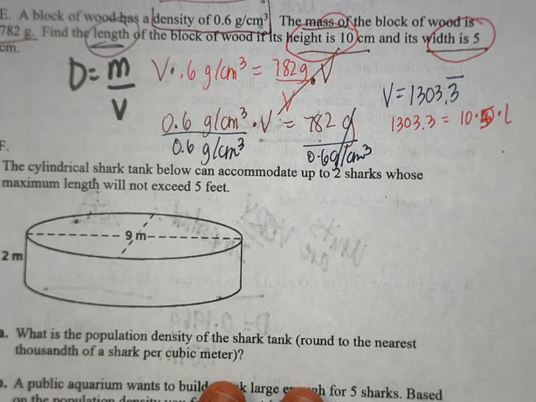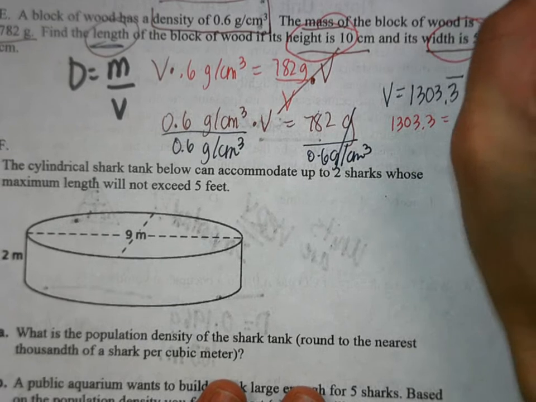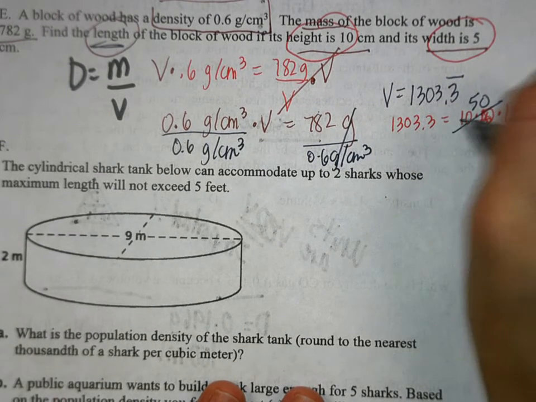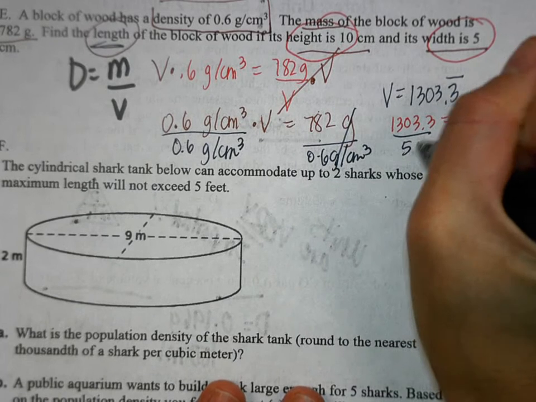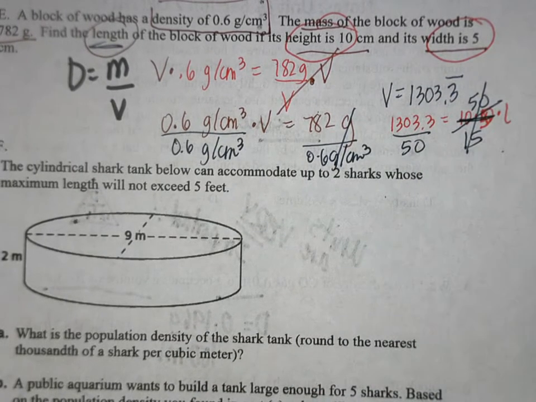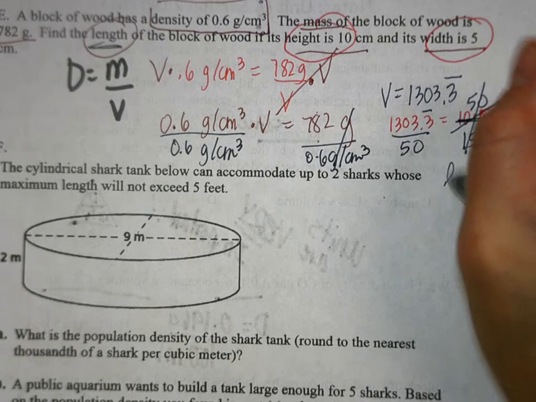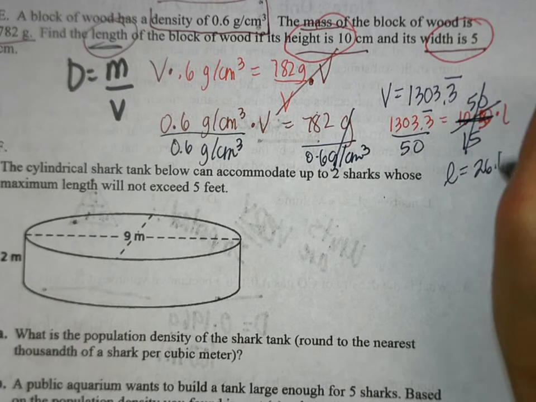We know that 10 times 5 is 50. And then in order to get the L by itself, we would end up dividing both sides by 50. And so you type in your calculator and we divide and we end up getting the length equals 26.1 centimeters.